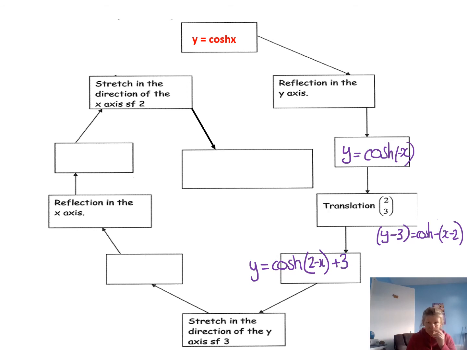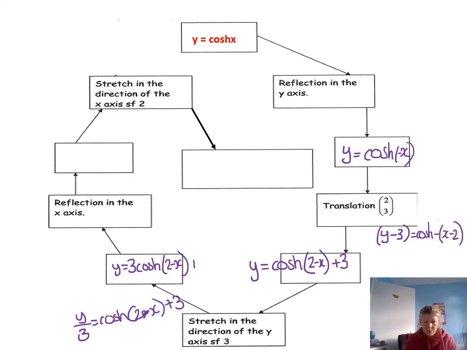Then we've got to stretch in the direction of y by scale factor 3. So replace y with y over 3. So basically times up by 3. So we'd have y equals 3 cosh 2 take x plus 9. Then we've got to reflect in the x-axis, so that's the y that changes.